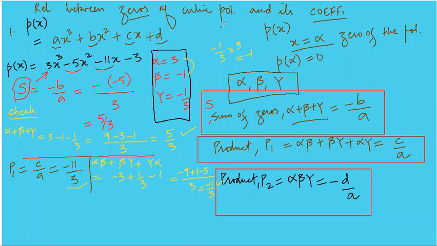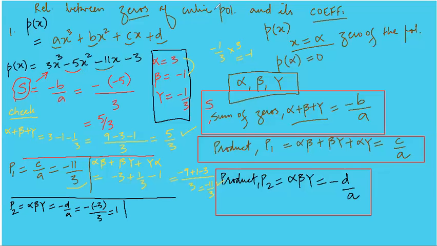Very good. Now we go for the third one. So P2. That is the second product. The second product is alpha into beta into gamma. Well, this is equal to, by formula, minus D by A. Minus D by A is equal to, D is -3, A is 3, and this is equal to 1.